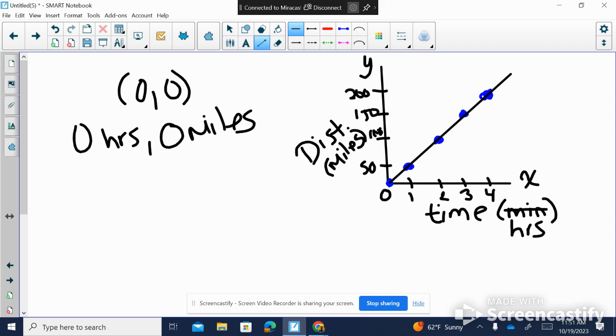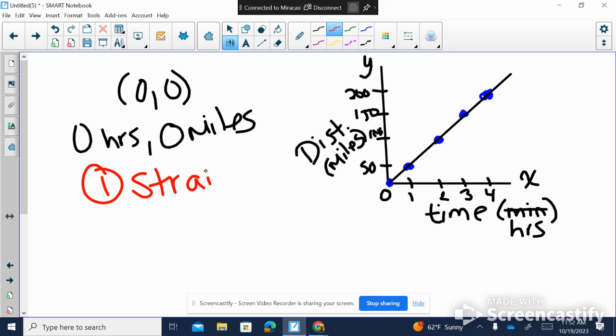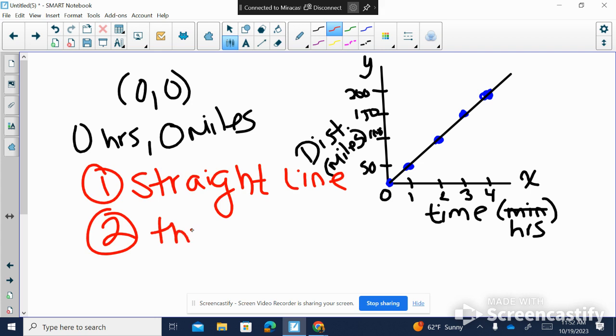And in this case, we are able to do that. So those are the 2 criteria when looking at a graph to tell if something is proportional. 1, it's a straight line. And 2, it goes through the origin. So if it's a straight line, if it goes through the origin, then we have a proportional relationship.